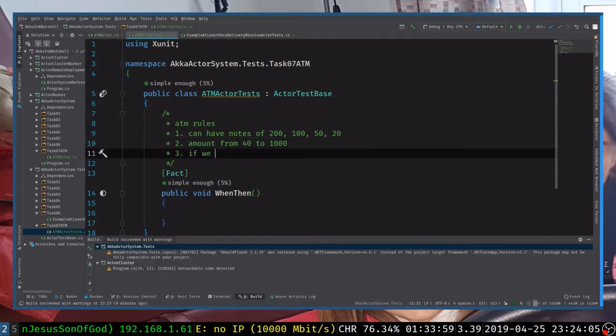If we lack some notes but still have other notes, we shall dispense. Okay, so what does that mean?